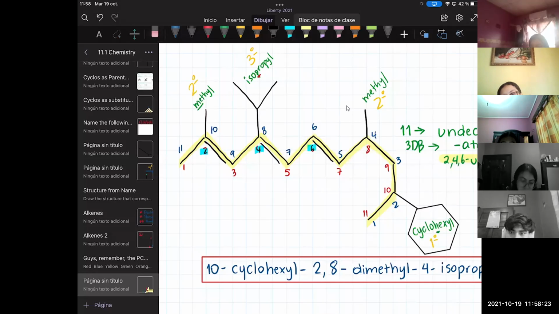If I do the blue path, I'm going to take this direction from there, and these will be the numbers. But what is going on here?